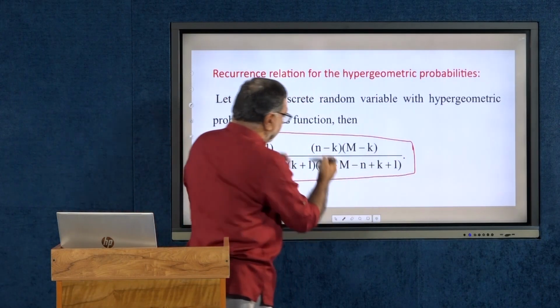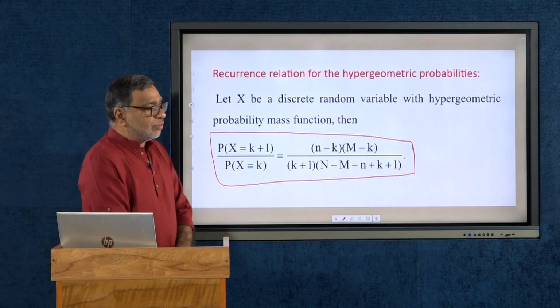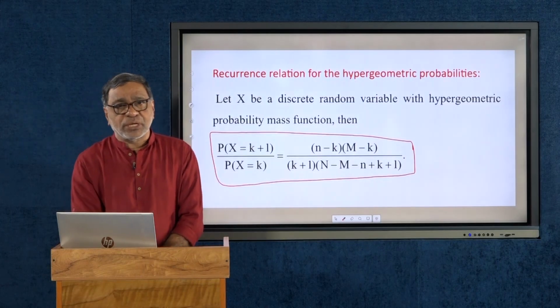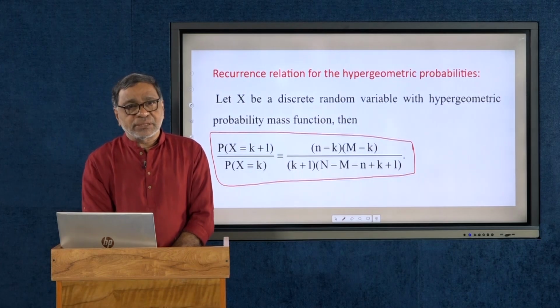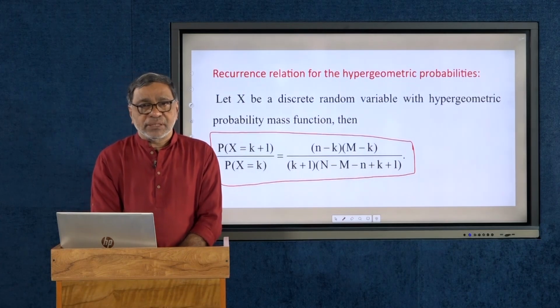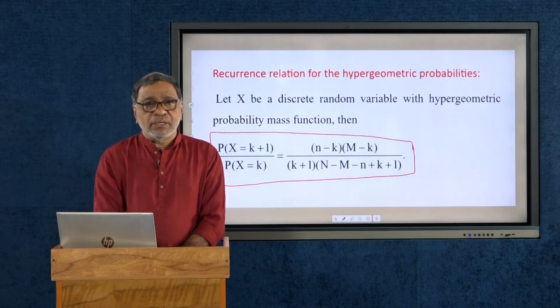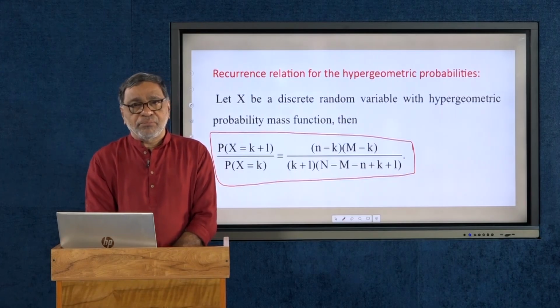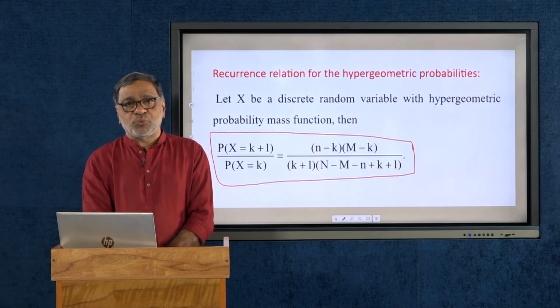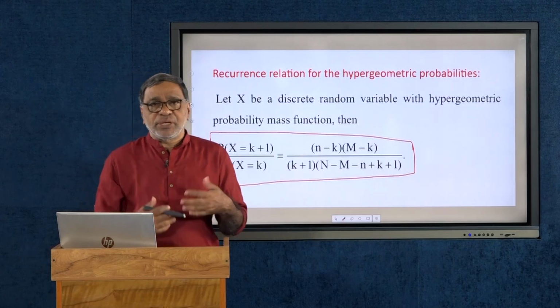The probability ratio is equal to n minus k into M minus k divided by k plus 1 into N minus M minus n plus k plus 1. And this expression is very evident.